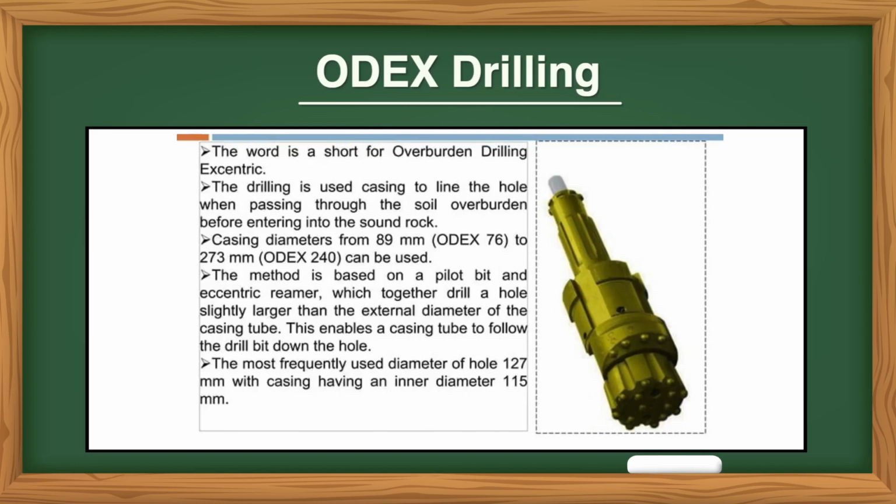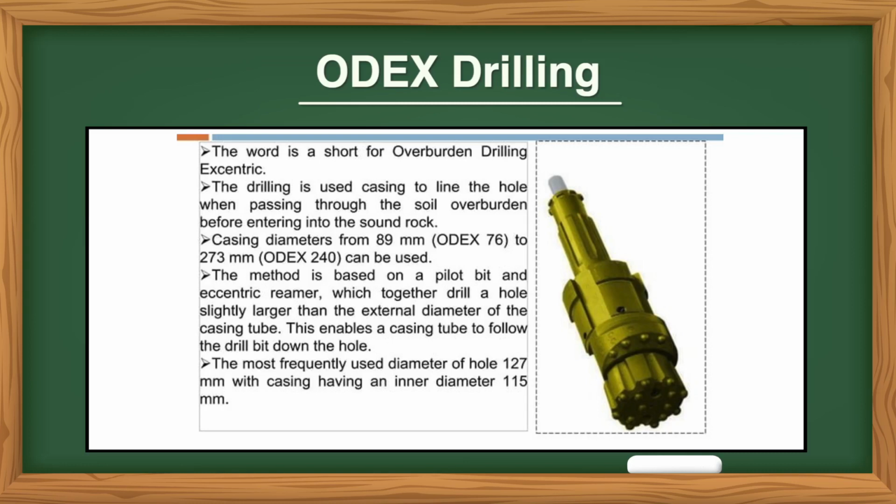Eccentric drilling uses casing to line the holes when passing through the soil overburden before entering into the sound rock. Casing diameters from 89 mm Odex 76 to 273 mm Odex 240 can be used.